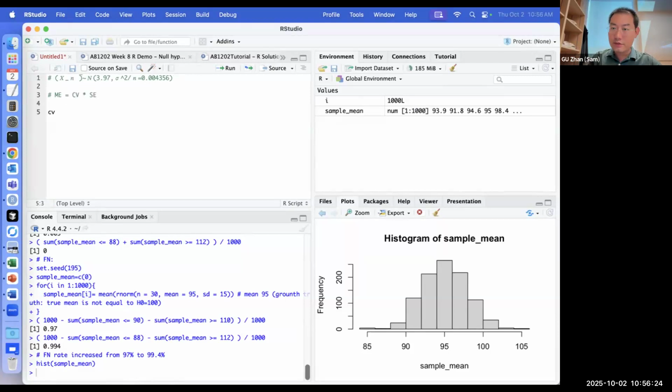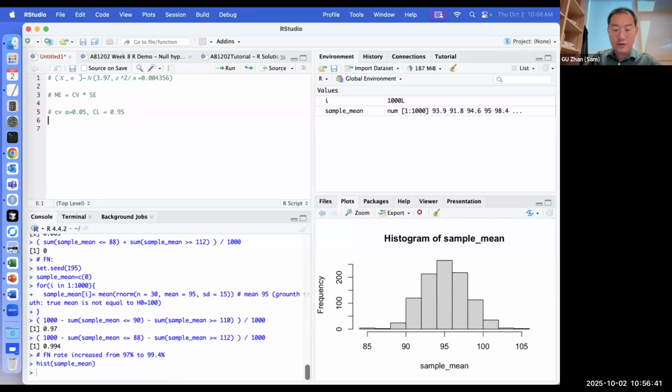Critical value at alpha equal to 0.05. Then the confidence level will be 0.95.